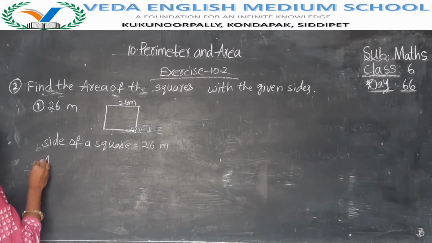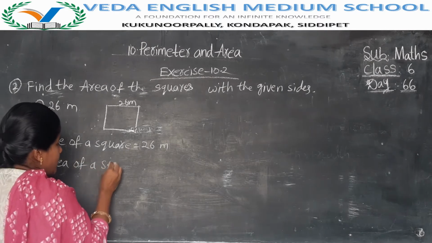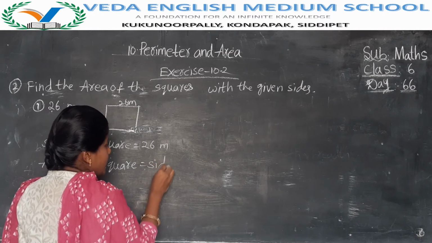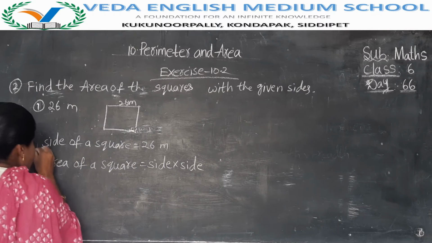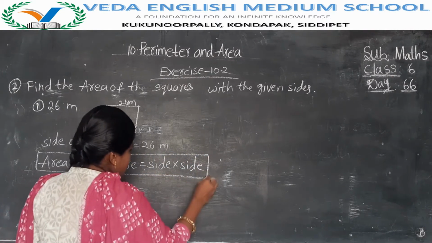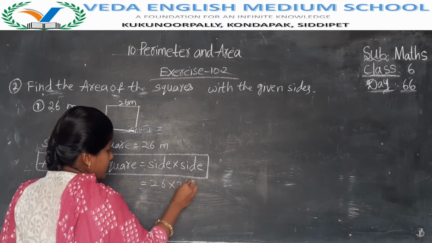Then area of a square formula, side into side. Area of a square is equal to side into side. For the formula you have to draw the box like this. Then side into side means 26 into 26.